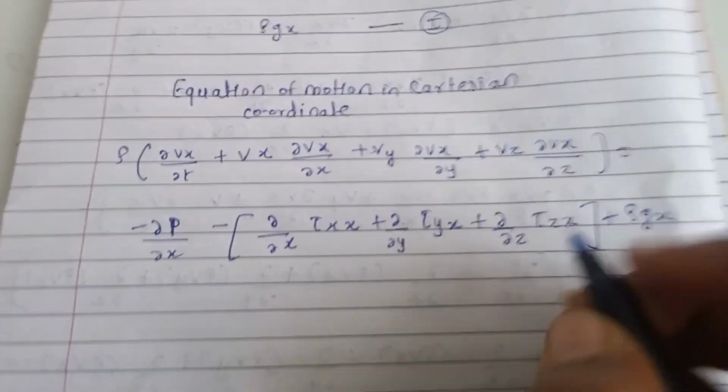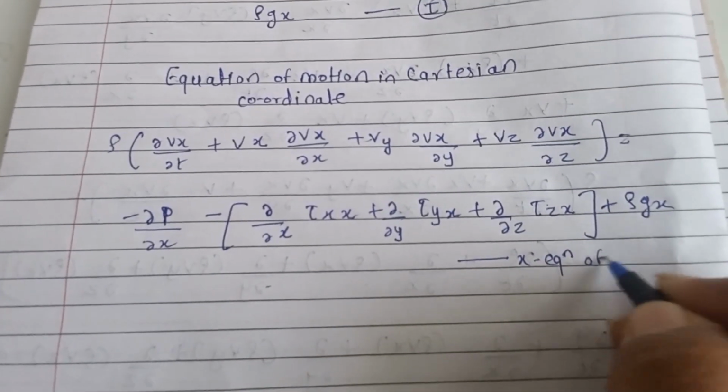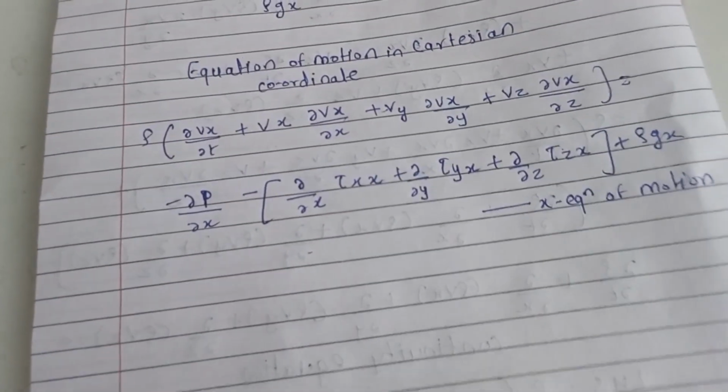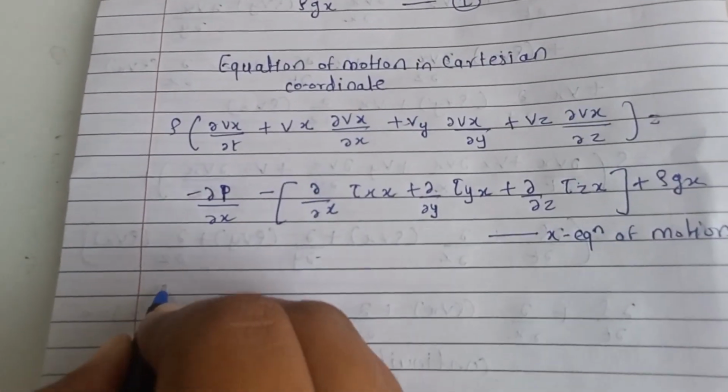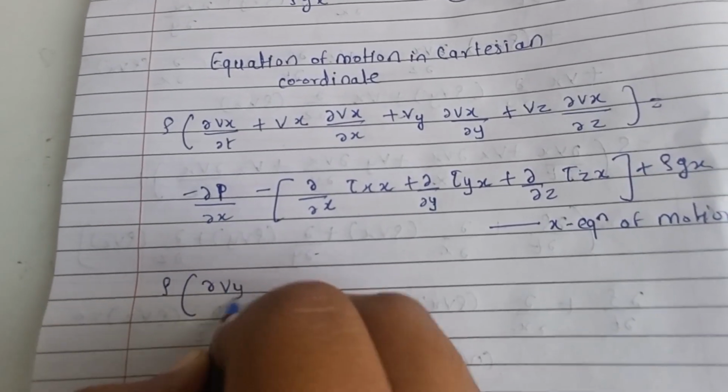That is the gravitational force in the x direction, and this represents our x equation of motion. That's why we are taking tau xx, tau yx and tau zx. Then similarly we can write it for the y equation of motion and the z equation of motion.